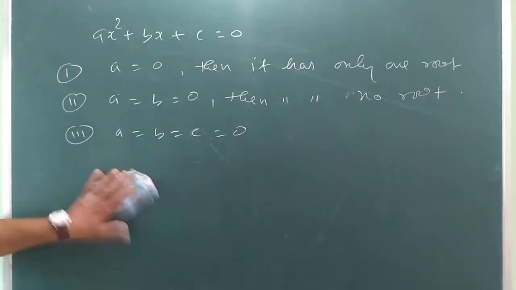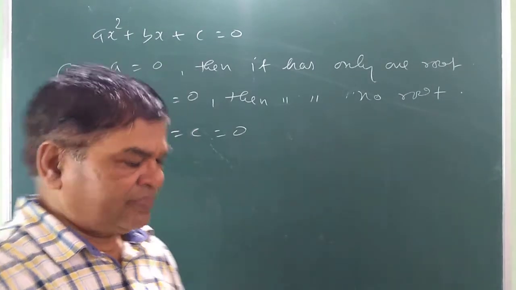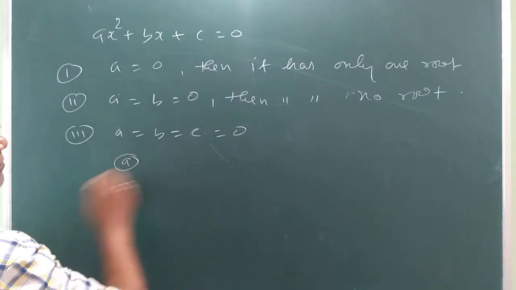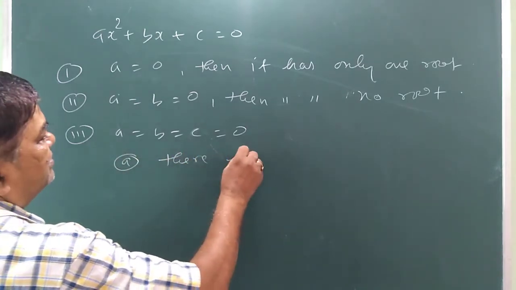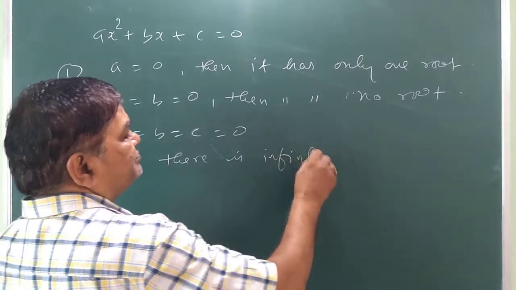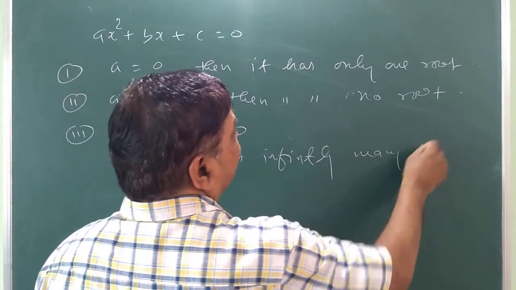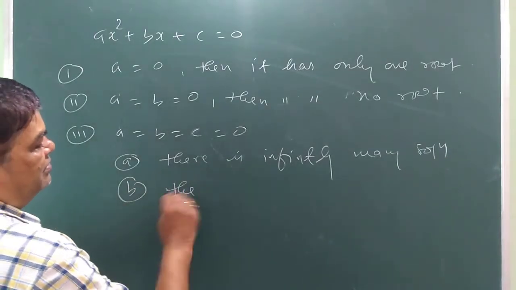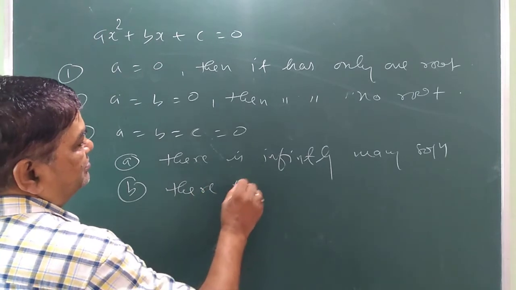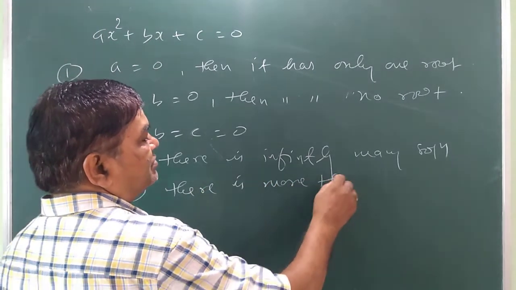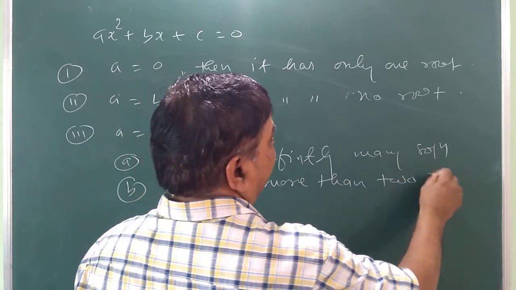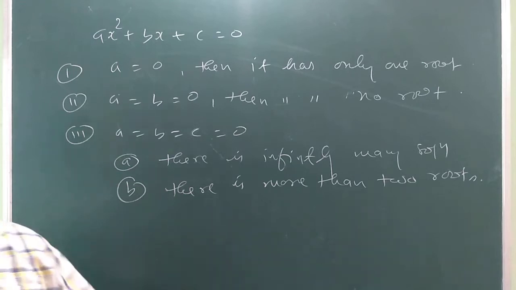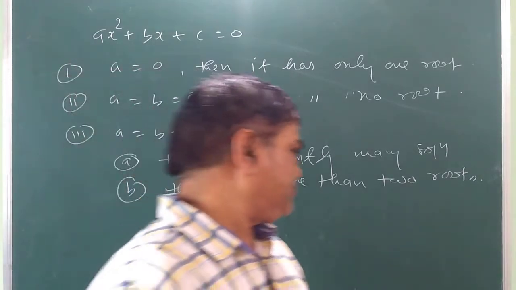In this case, what can be taken? So you will remember this. Number a: there are infinitely many solutions. Number b: there are more than two roots, because the quadratic equation has only two roots or one root or no root.